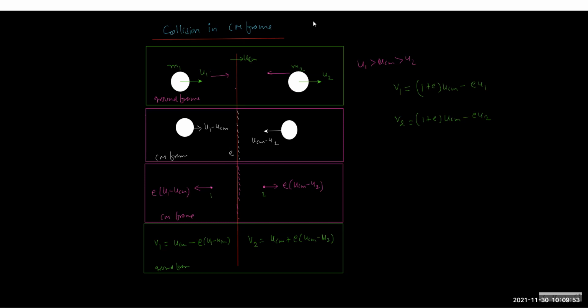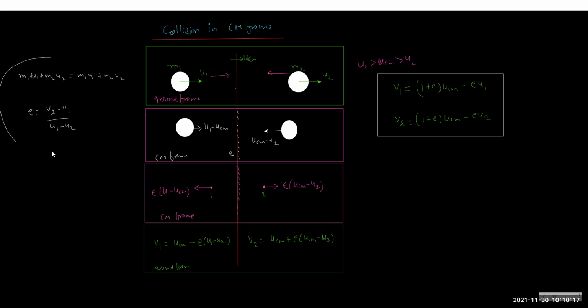And now you know the answer that when you apply the conservation of momentum and the definition of e, if you would have solved in the ground frame, the answer was m1 u1 plus m2 u2 equals m1 v1 plus m2 v2, and then you write the definition of e, which is separation upon approach.